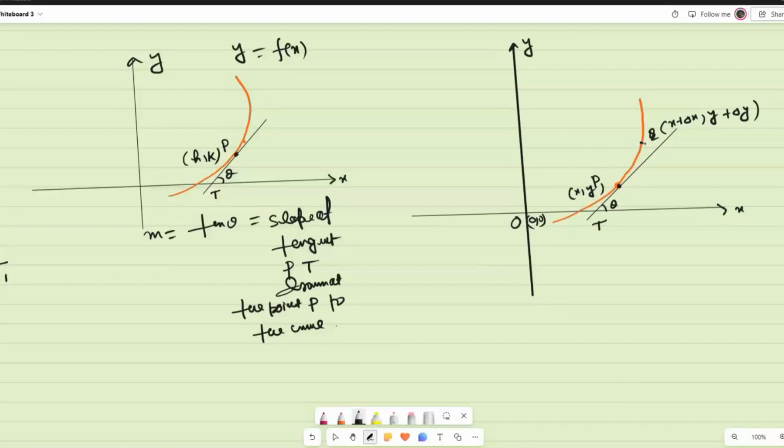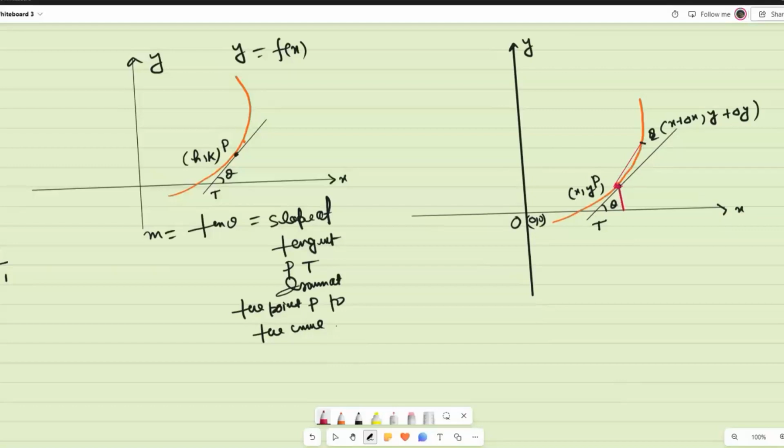We have taken another point Q. Now, if you join these 2 points, there is a chord PQ. This is the chord PQ. Now, this chord PQ obviously does not coincide with the tangent drawn at P, but it can coincide if we take the point Q very close to P. Let us do some drawing here.